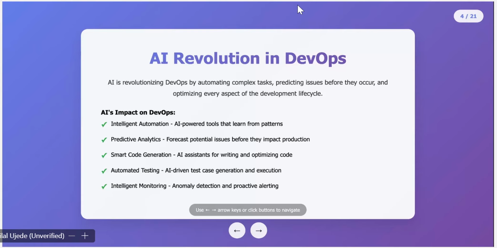Okay, and then the fourth part was automated testing. Again, AI-driven test case generation is very revolutionary these days, because if you write an application, test cases are one of the important parts for a developer. If you invest 2 days to develop a feature, then probably you will need another 4 days to write test cases.